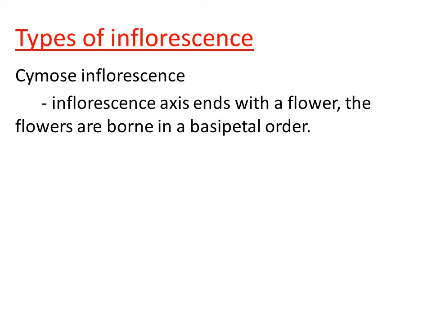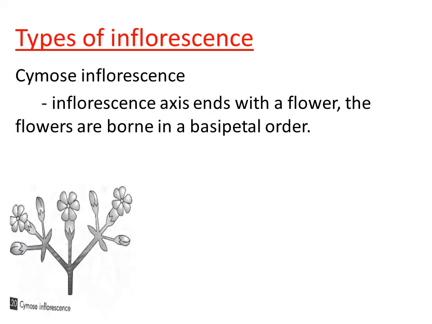What do you mean by basipetal order? Basipetal order means the younger flowers arise from the base of the inflorescence axis. You can have a look at the diagram. This is the kind of cymose inflorescence. You can notice the central flower in the diagram, that is the oldest flower, or we can also consider it the first formed flower of the inflorescence.